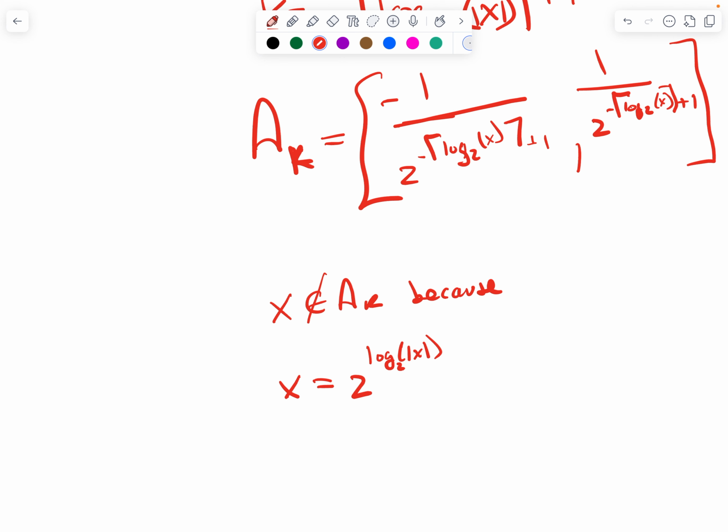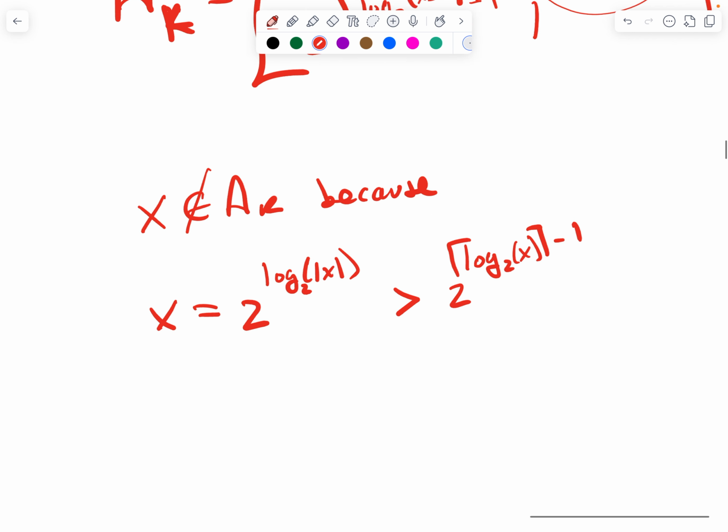And notice what this number is. So this is greater than 2 to the... let's go with that. And how do we know it's greater?